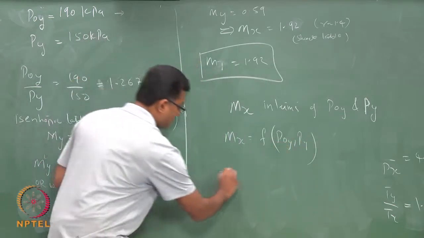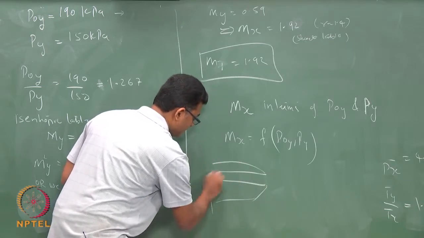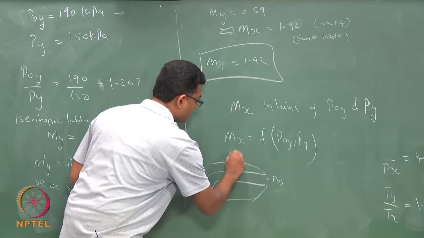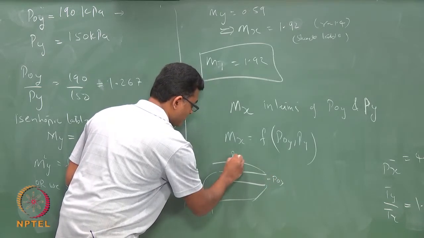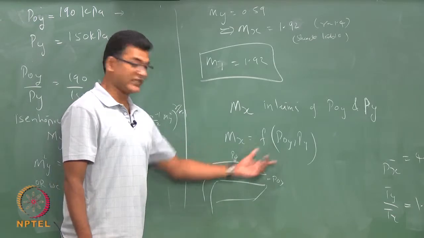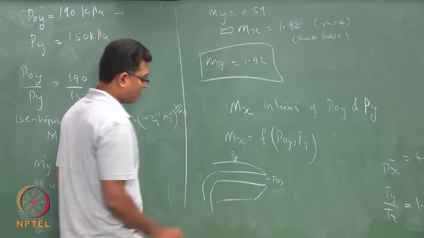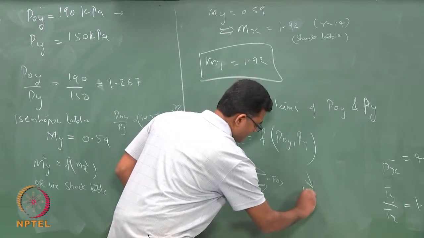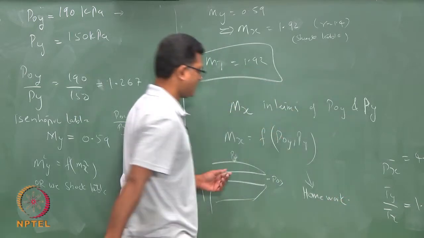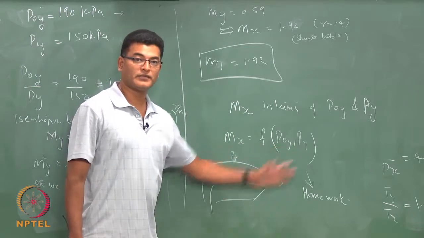So if I have a pitot static tube, I measure P0y and Py, I can directly get Mx if I know this function. That you can try out. Write your Mx in terms of P0y and Py.